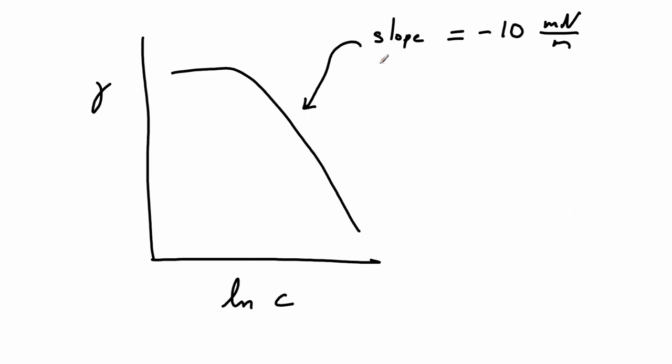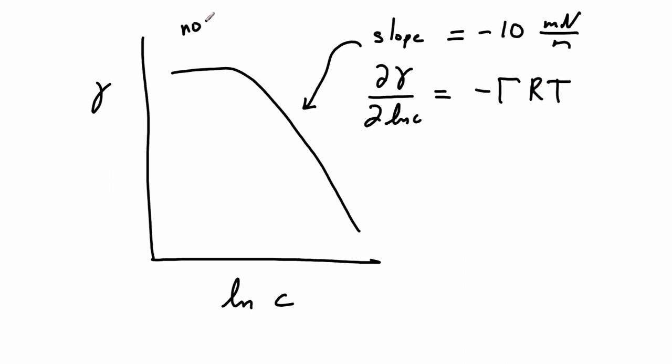Well, remember the Gibbs isotherm says that the slope of the surface tension with the log of concentration is going to be negative of the surface excess times RT. Suppose we're given that this is a non-electrolyte surfactant. So we don't have to worry about how many pieces it breaks into. It doesn't break down into pieces. So we just have this simple equation here.